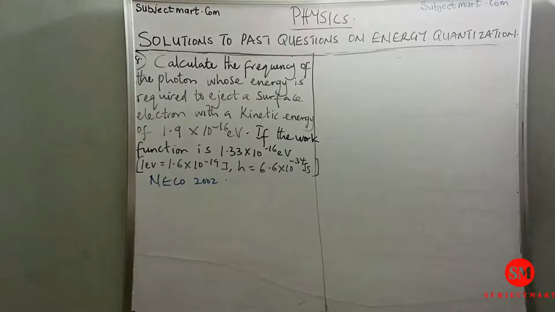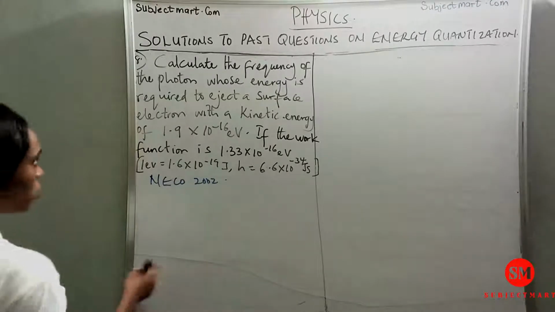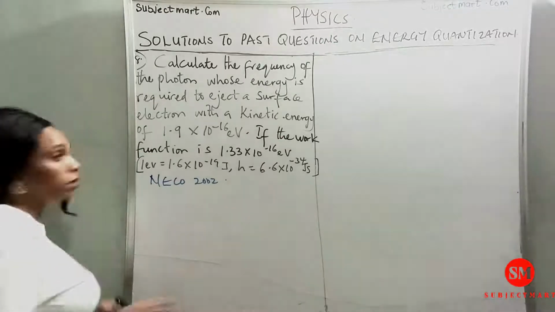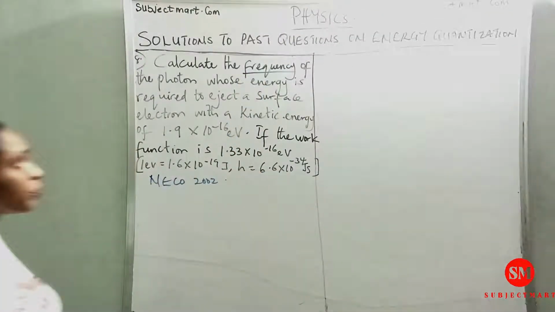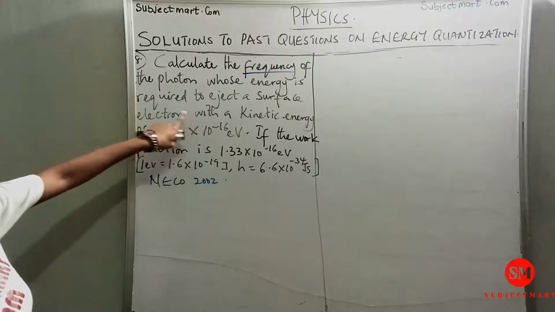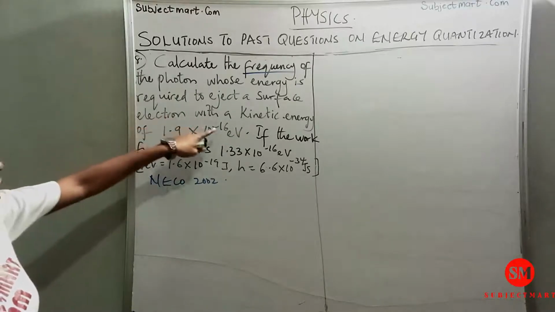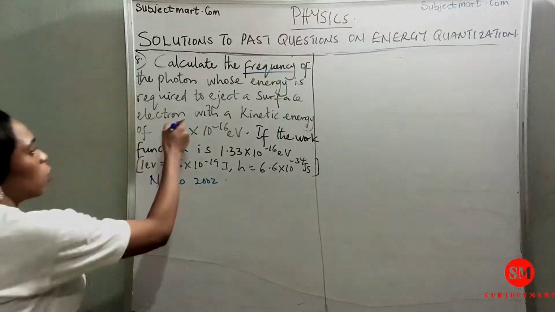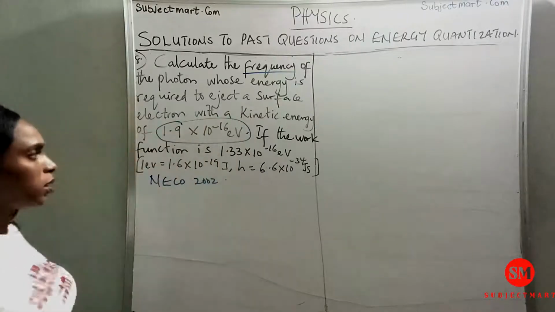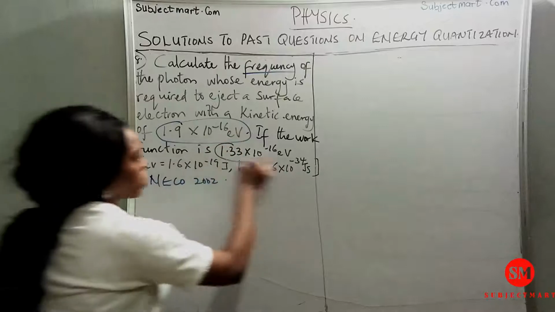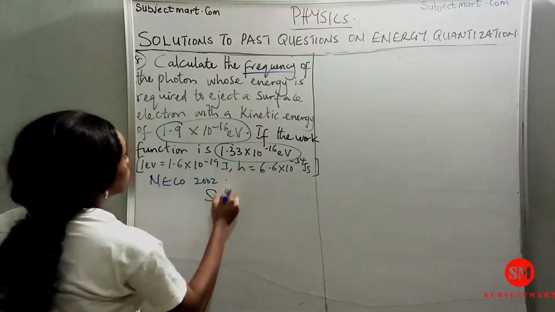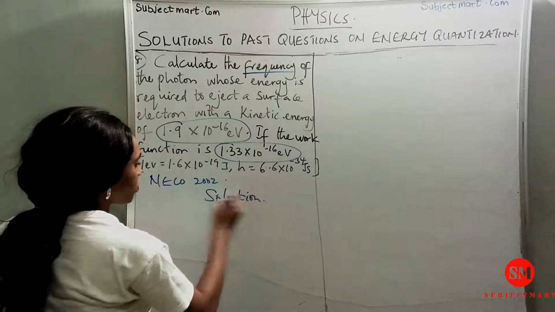Question 8 says, calculate the frequency of the photon whose energy is required to eject the surface electron to kinetic energy. We are given the kinetic energy in electron volts, and we are also given the work function from the question, and we are asked to find the frequency.